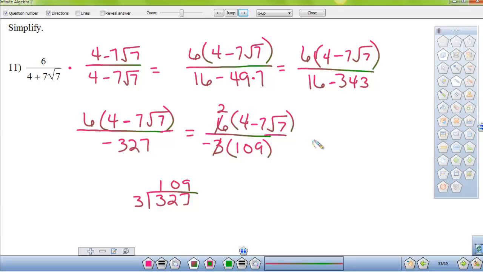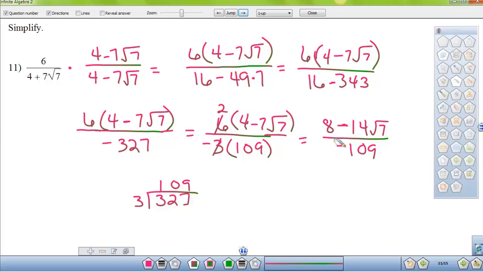And this negative can remain in the denominator, or it can be brought up to the top. It really does not matter. Now I'm ready to distribute that 2. I'm going to get 8 minus 14 times the square root of 7 over negative 109. This is one form of the answer.